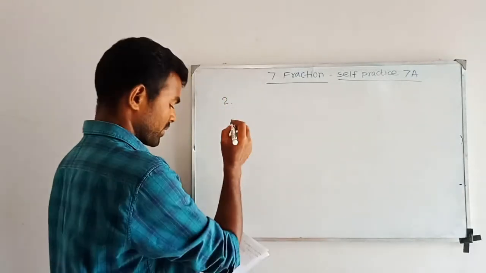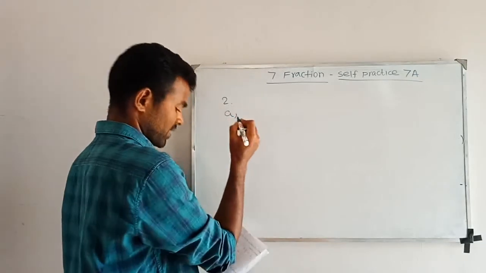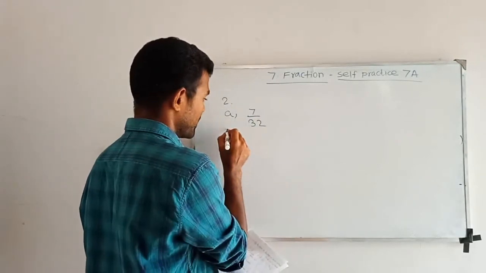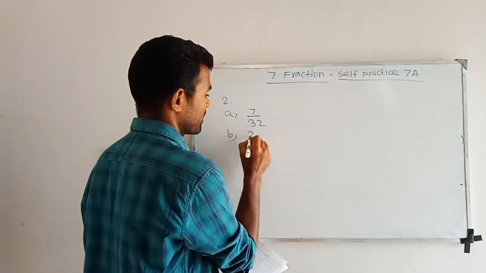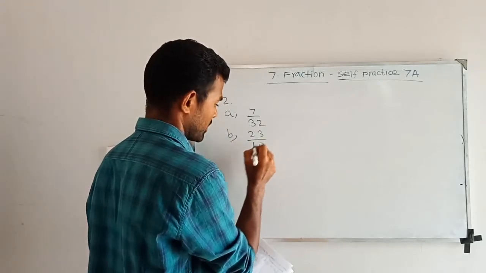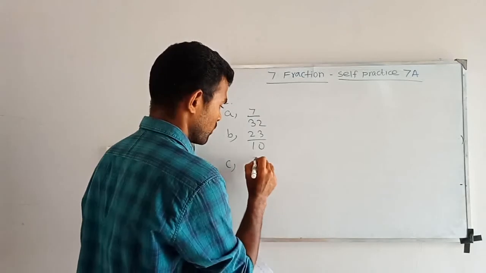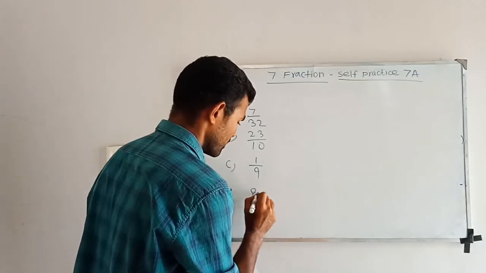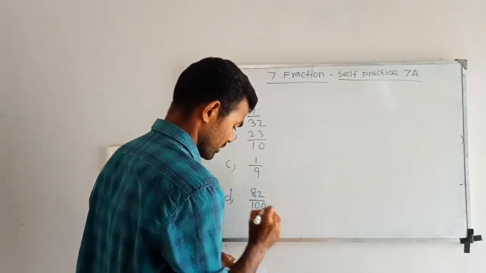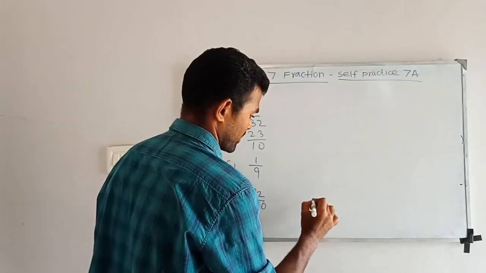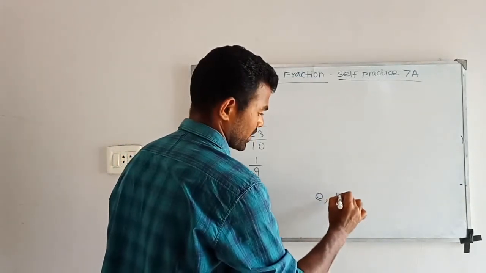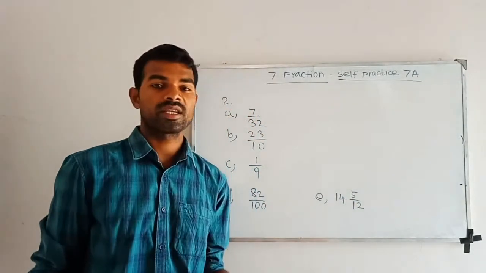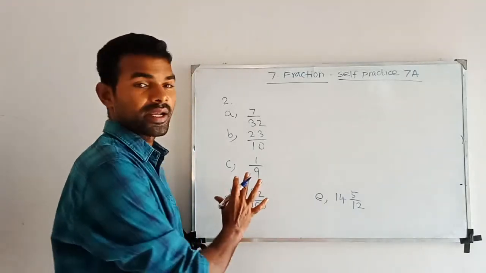First they have given 7 by 32, for B it is 23 by 10, for C it is 1 by 9, for D it is 82 by 100, and for E it is 1 and 5 by 12. Yes, this is the question given. We have to tell what kind of fraction each is.